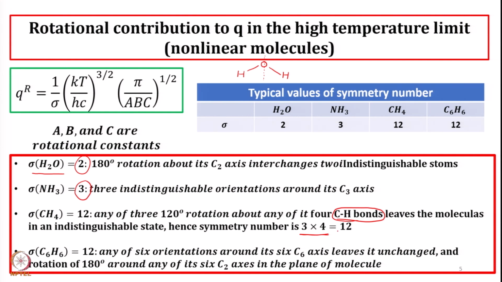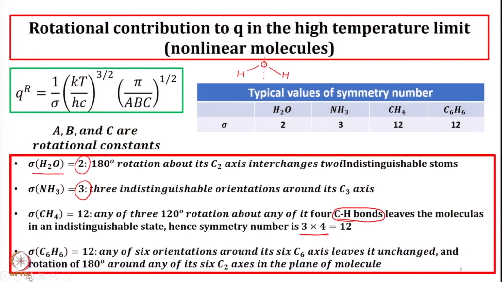Benzene is also 12. Any of 6 orientations around its C6 axis leaves it unchanged, and so does a rotation of 180 degrees around any of its C2 axes in the plane of the molecule. Therefore, the symmetry number in this case will become 12.